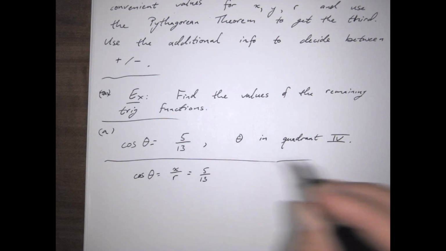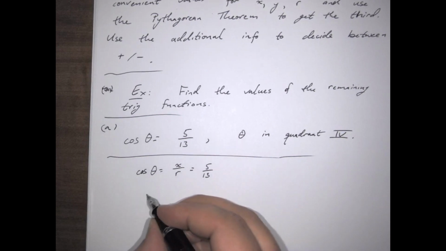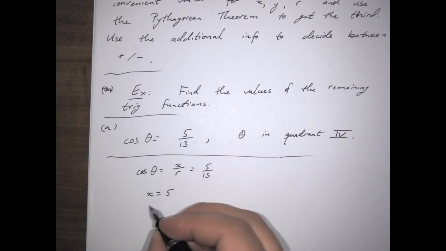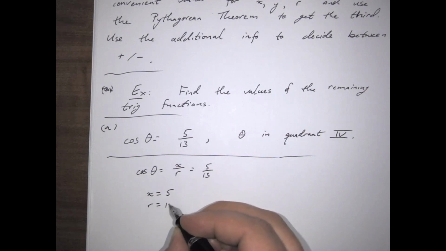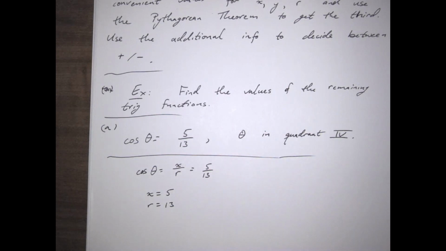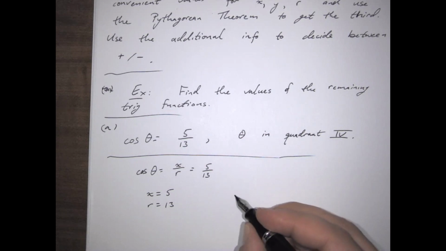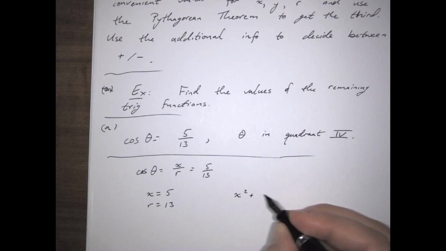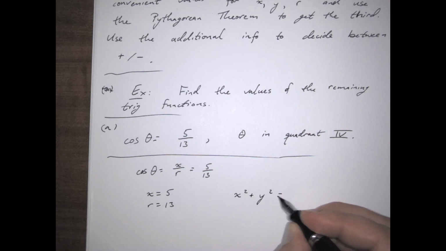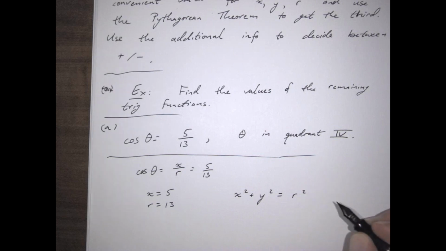So we might as well just say x equals 5, r equals 13. Now what's y? We don't know yet. We have to actually find that by using the Pythagorean theorem. So x squared plus y squared is equal to r squared. That's a fact for all time.